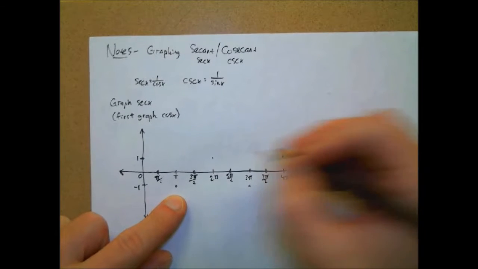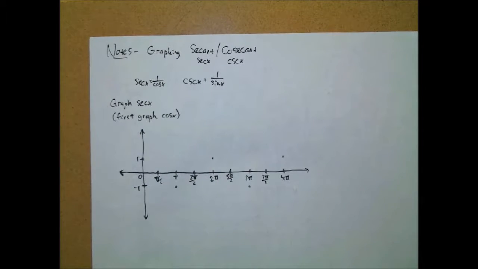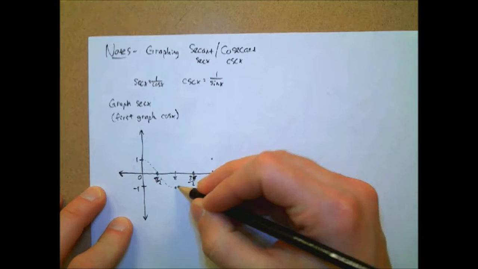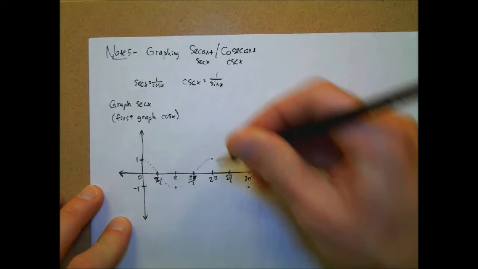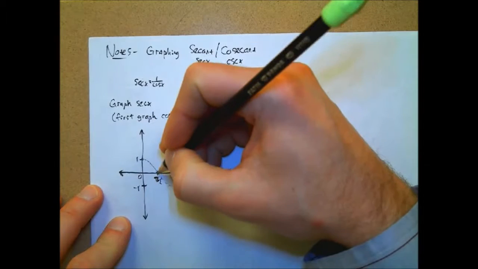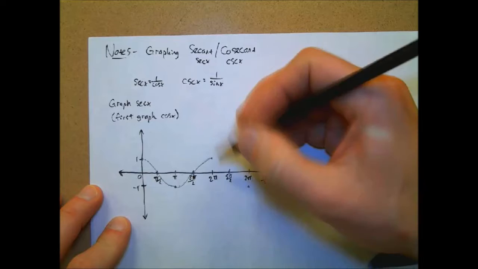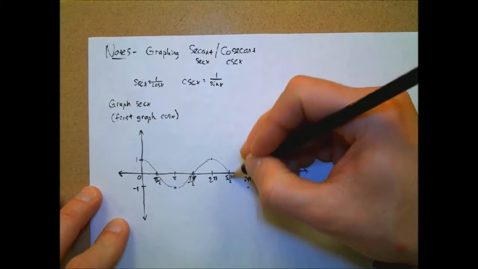Okay? Actually, I'll just go ahead and connect it lightly here. There's our graph of cosine. Okay, no transformations, nothing crazy there.